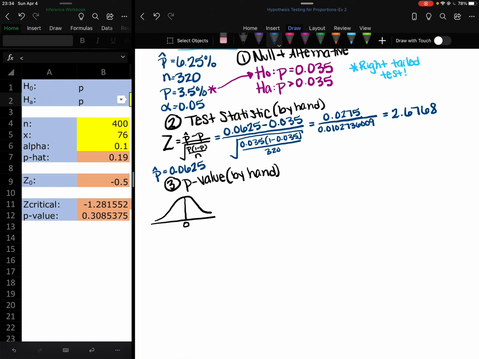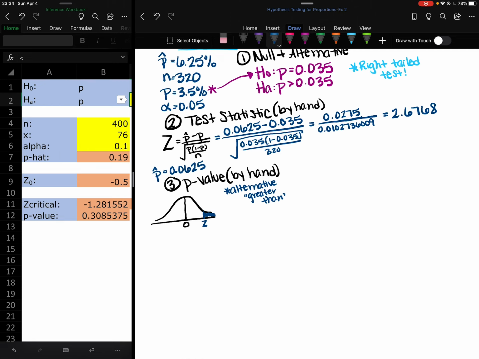So 2.76, that's where my z-score is. I'm going to look at my alternative to determine where I would shade on my curve, because I do still like to draw the curves. And my alternative is greater than. So that would be everything here.